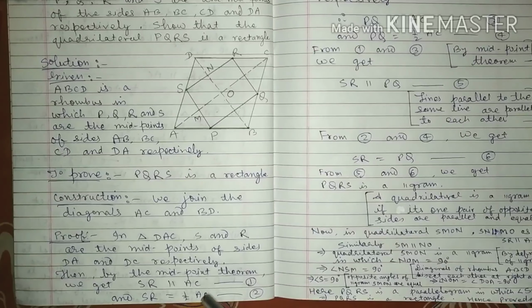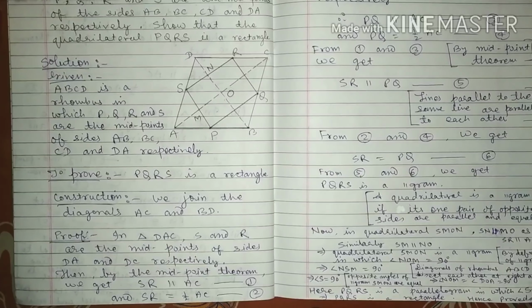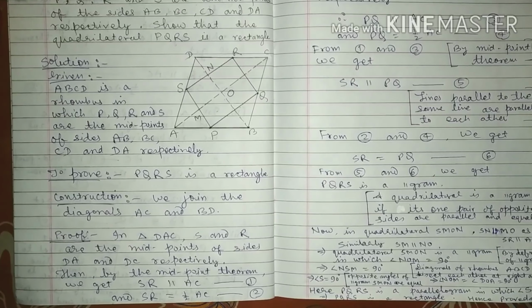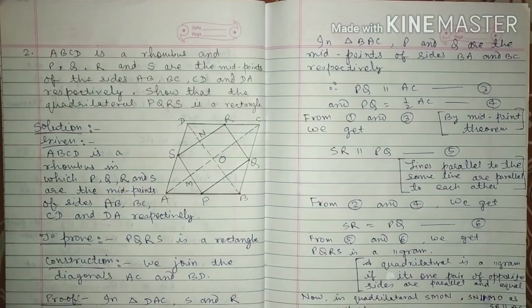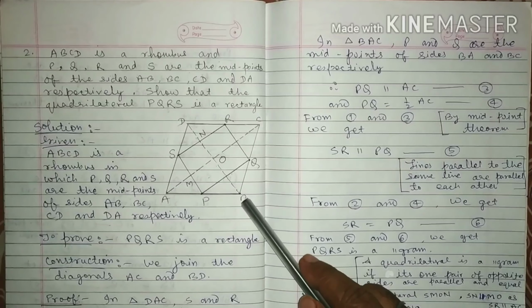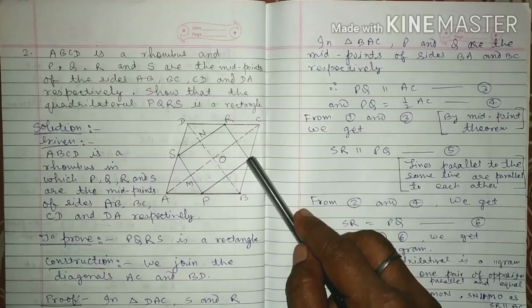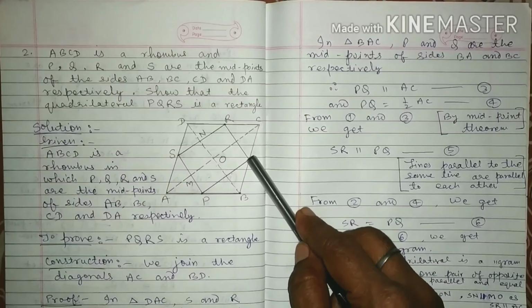The statement of midpoint theorem is a line segment joining the midpoints of two sides of a triangle is parallel to the third side and is equal to half of it. In triangle BAC, P and Q are the midpoints of BA and BC respectively. Therefore, PQ parallel to AC, we consider this as equation 3, and PQ is half of AC, we consider this as equation 4 by midpoint theorem.